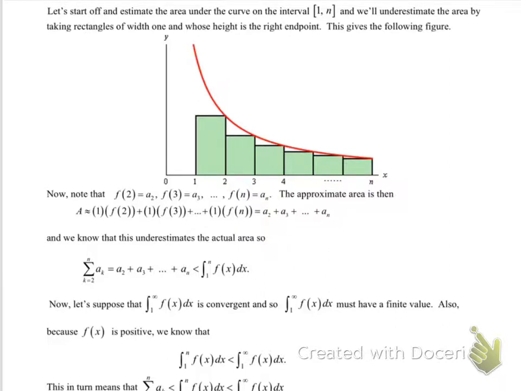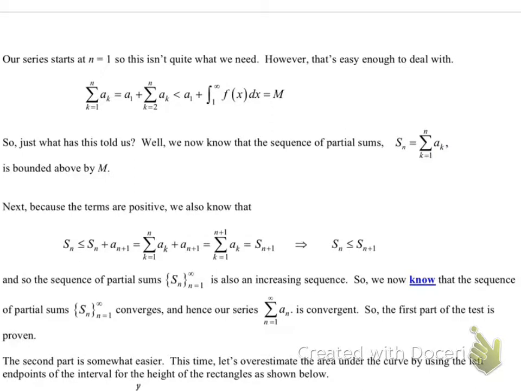the integral from 1 to infinity is going to be bigger than the integral from, say, 1 to n. This in turn means that the sum, the series, is going to be less than the integral from 1 to n, which is going to be less than the integral from 1 to infinity.